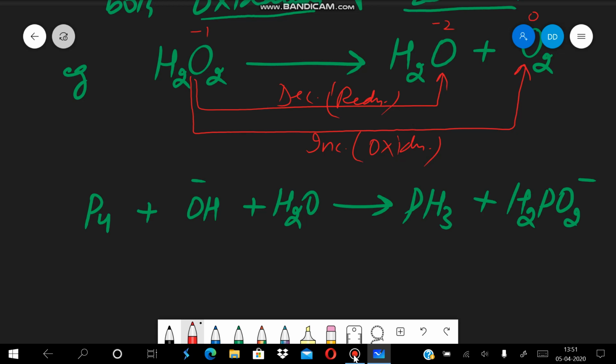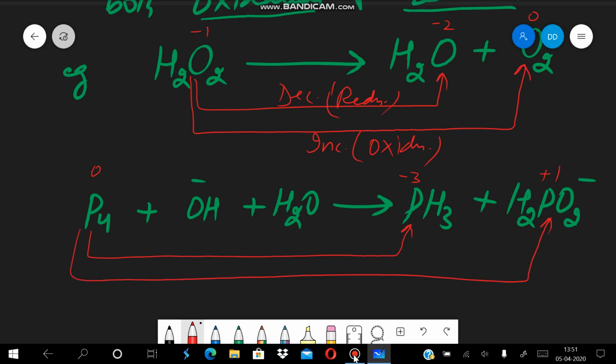Now in this case, if we look at the oxidation numbers, we see that the oxidation number of phosphorus is changing and it is showing increase as well as decrease in oxidation number. When phosphorus changes into hypophosphite, there is an increase in the oxidation number, that is it is undergoing oxidation.